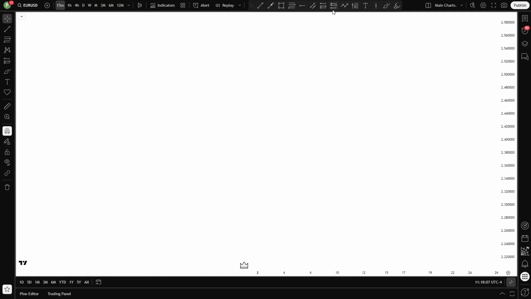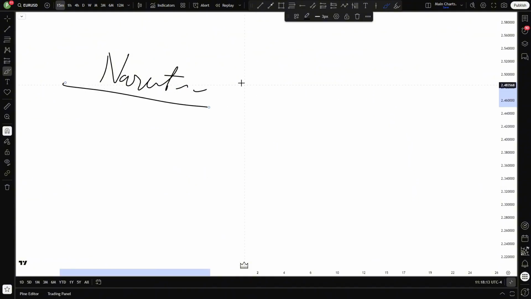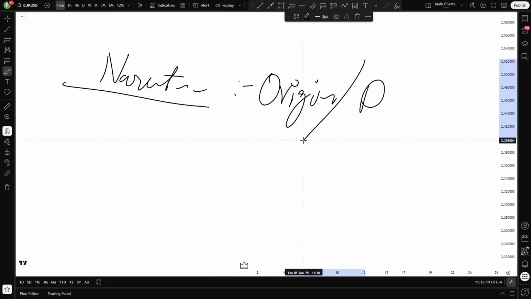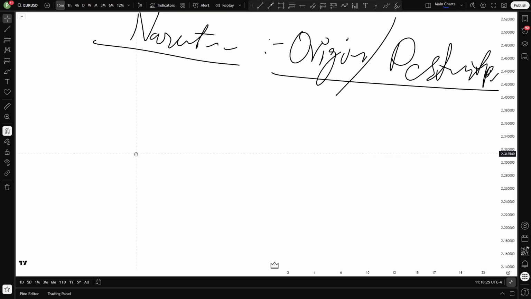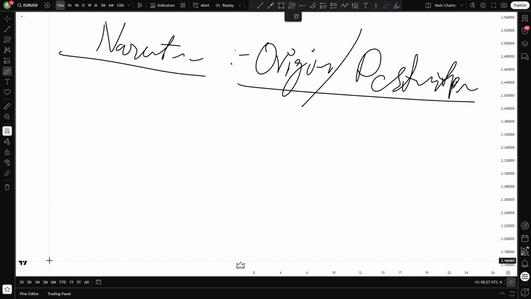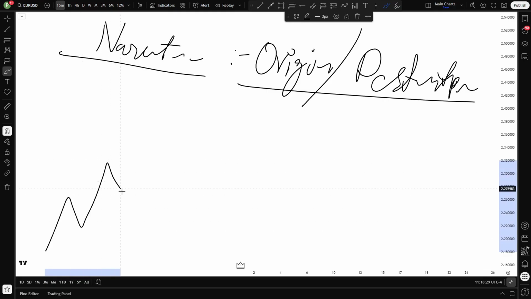So narrative helps us with determining or figuring out the origin and the destination for that range expansion, or for price. What that means is that, let's say we figure out that the structure is bullish.